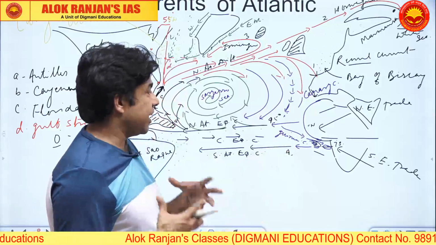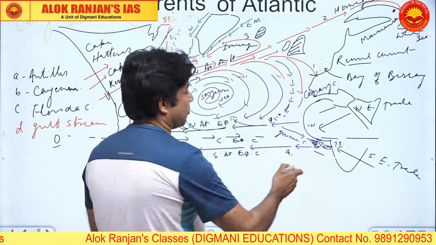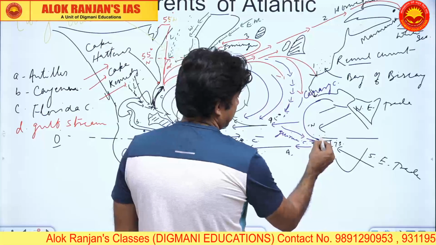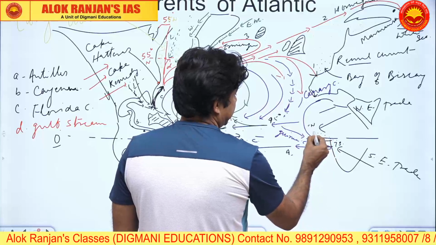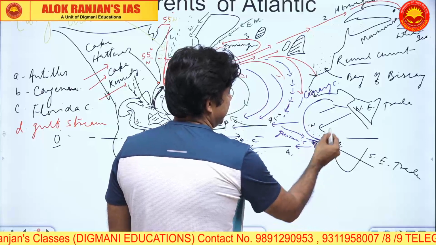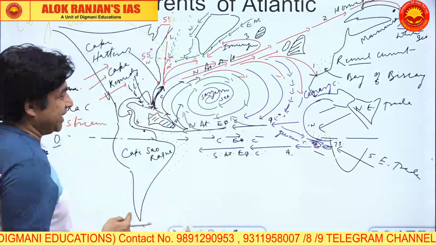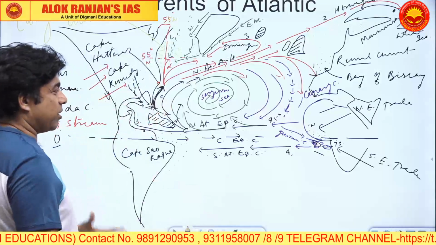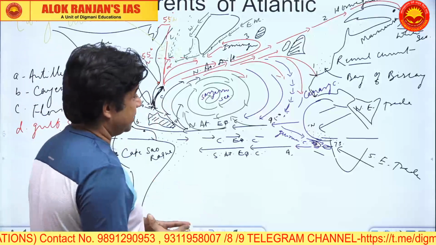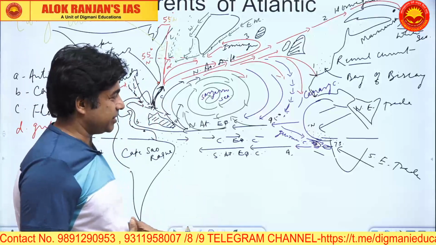The Guinea current's other role is that it increases the moisture along the Guinea coast, and the sea breezes which enter the Guinea coast increase the moisture a lot, and suffocation is caused in these regions.